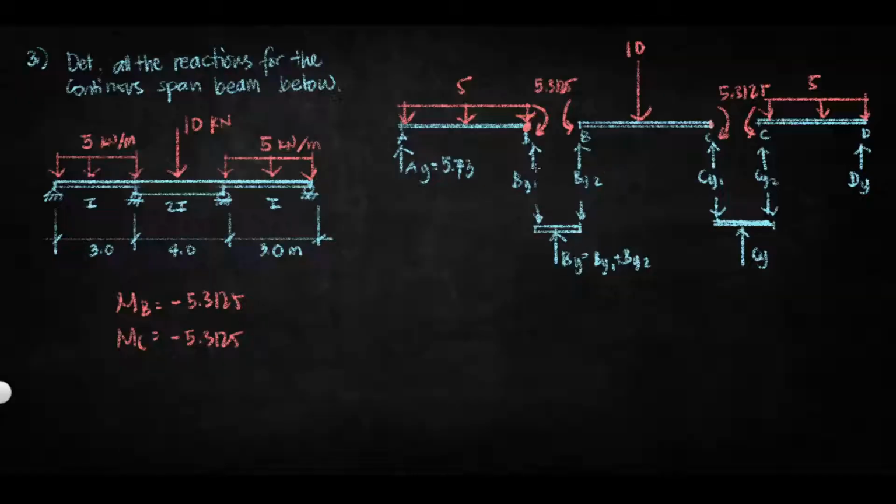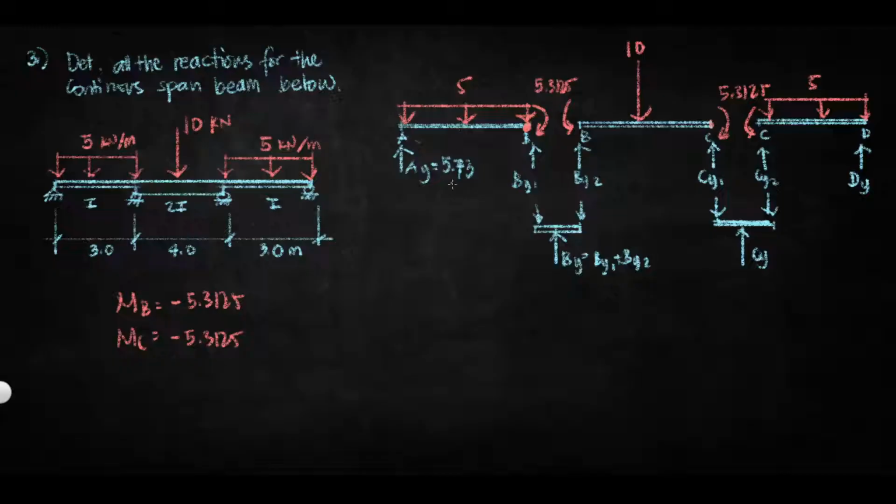The next is for BY1. So, BY1 natin, solve natin yan. Okay, one way to check if tama tayo sa AY is mag-moment tayo sa A to solve BY1. Then, dapat pagka kinombine natin is equal sa downward vertical force. No? So, moment tayo sa A. So, we have 5 times 3 times 1.5 plus 5.3125. Okay, minus BY1 times 3.